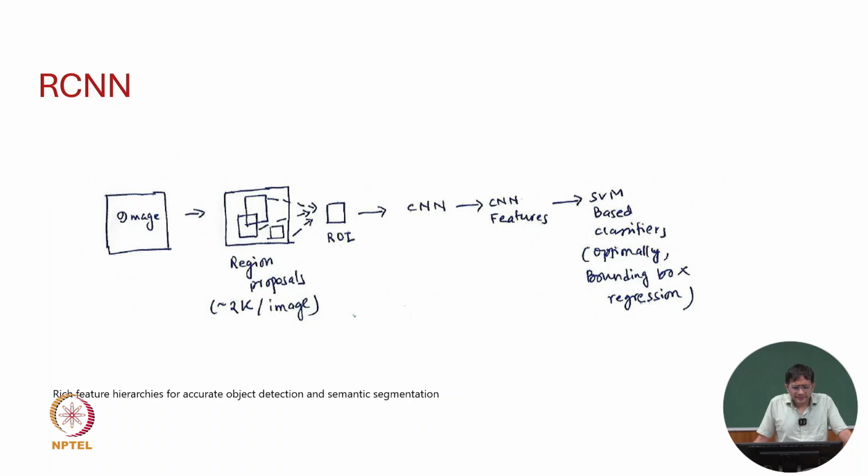So there comes what I already mentioned: resizing these region proposals, which are each of different shapes, to form fixed size ROIs, which are then fed to the CNN to obtain the feature vectors.